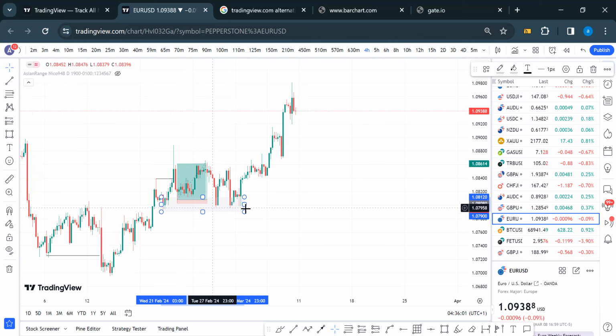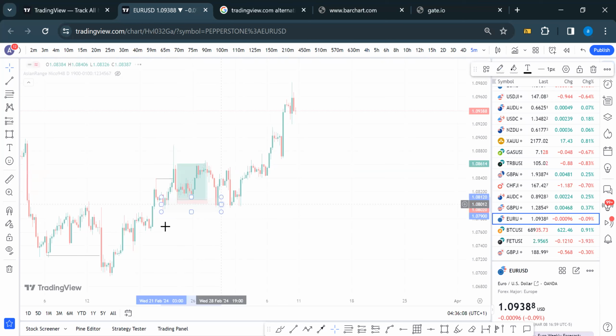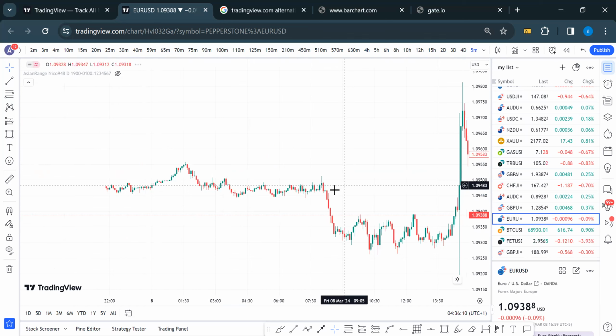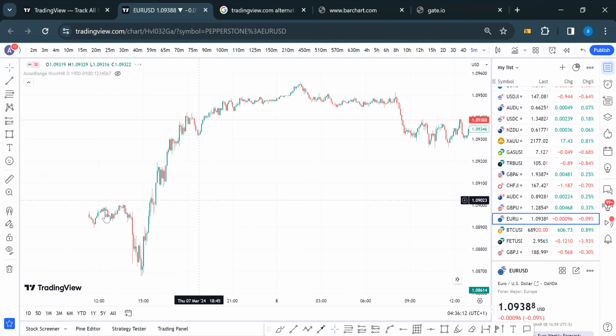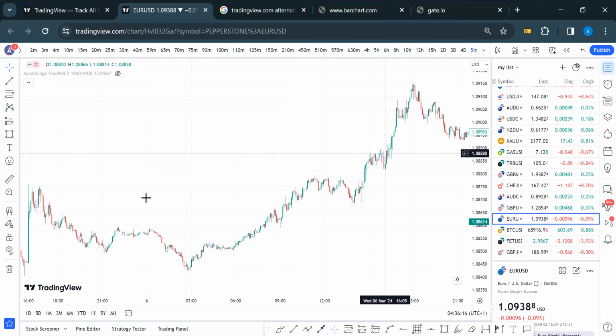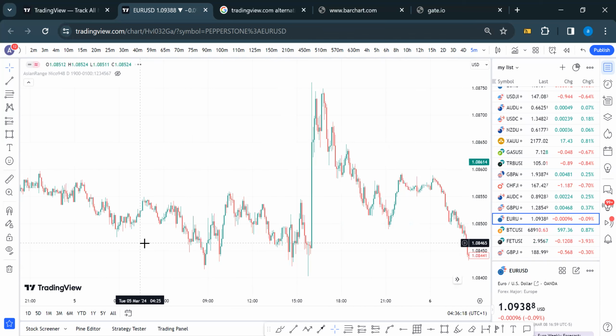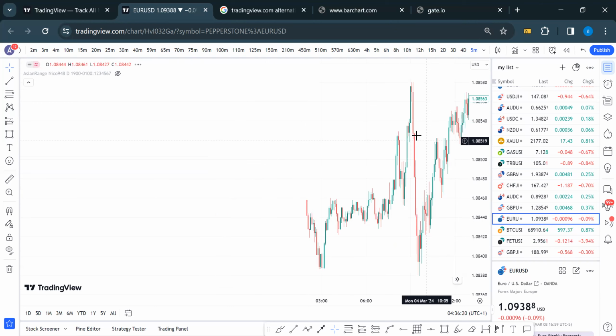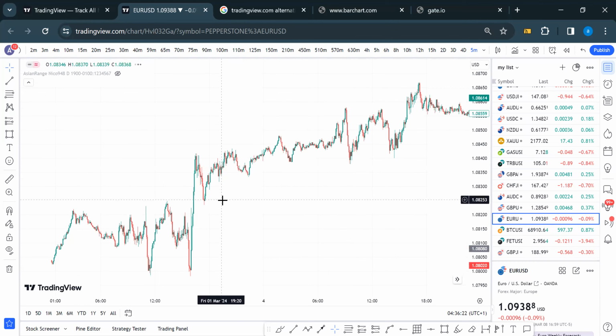Price came back into the demand zone. We can still try to find another entry. That one did not get to our take profit before it reversed. Maybe the price just came back to liquidate early buyers. So let's see if we can still find another entry in that spot.